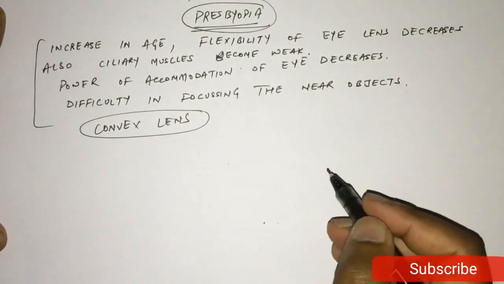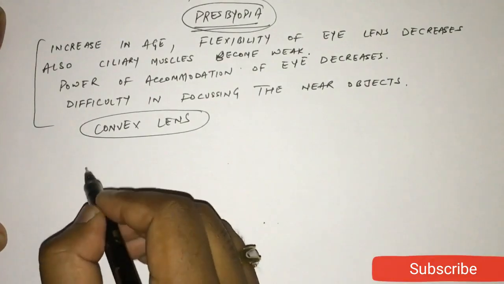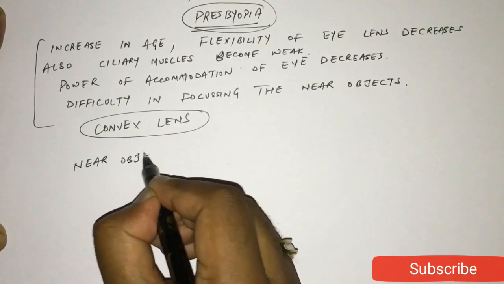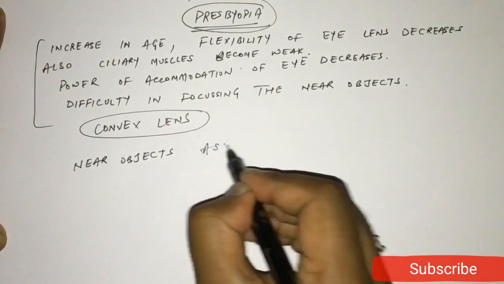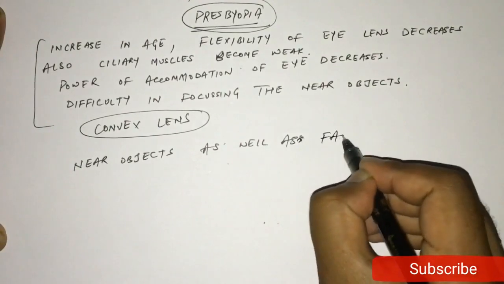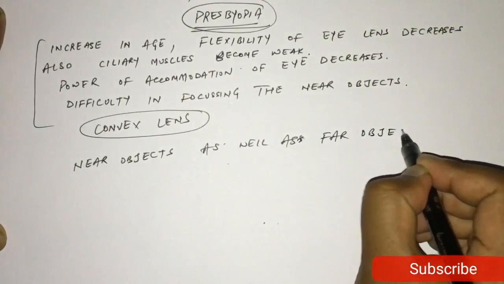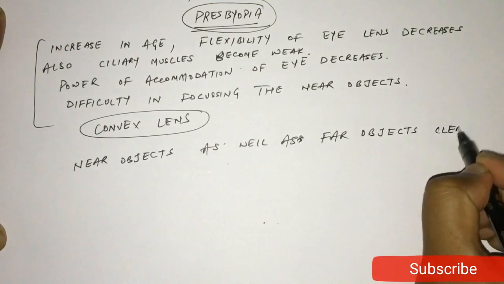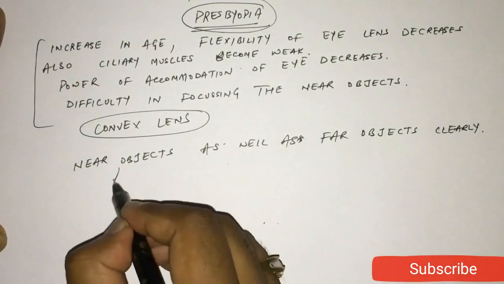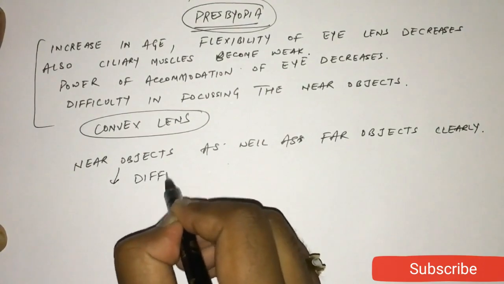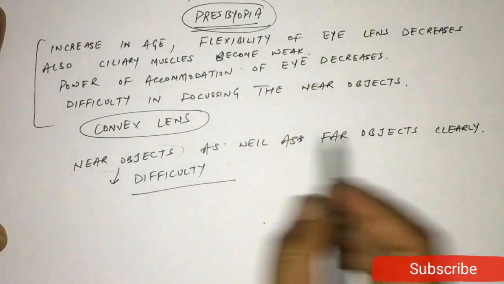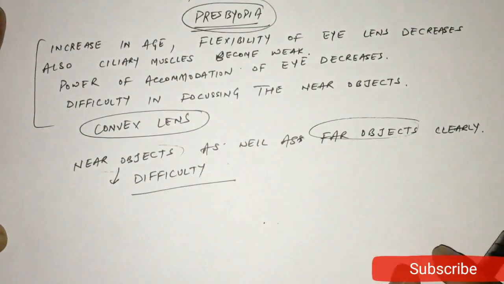But in some cases, a person cannot see near objects as well as far objects clearly. Means old age person finds difficulty in focusing near objects as well as far objects clearly.